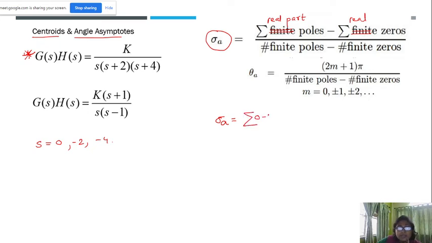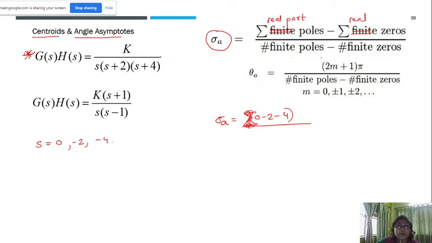So summation of real parts of poles, and real parts of zeros, there will be no zeros, so we write nothing here, divided by number of poles minus number of zeros.